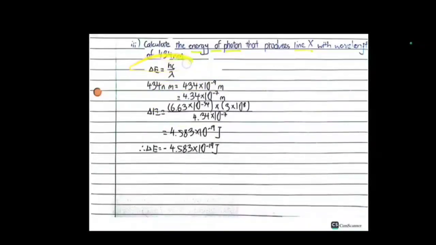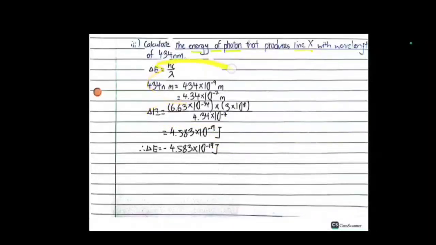As the wavelength is given, we just substitute the information. h and c are constants, so we can directly use the calculator to find the final answer, which is 4.583 times 10 power of negative 19 joule. Remember to write your unit.